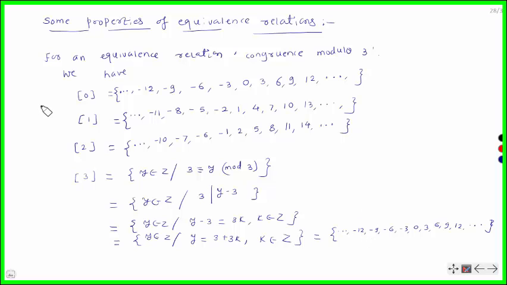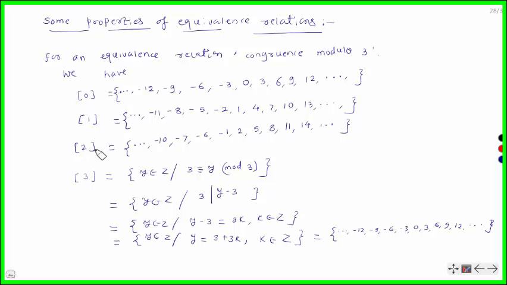But the equivalence class of 0 and the equivalence class of 1 are mutually disjoint. And the equivalence class of 1 and the equivalence class of 2 are also mutually disjoint. The equivalence class of 0 and the equivalence class of 2 are also disjoint.